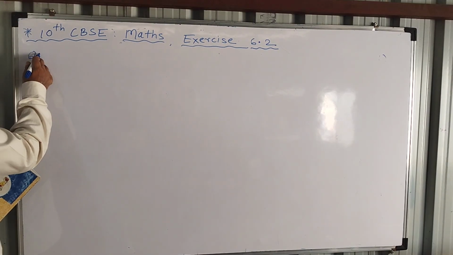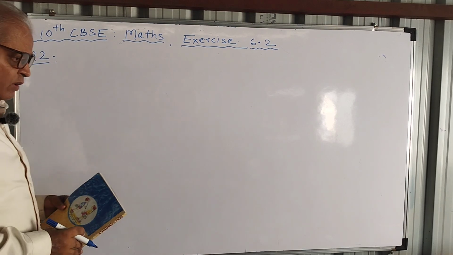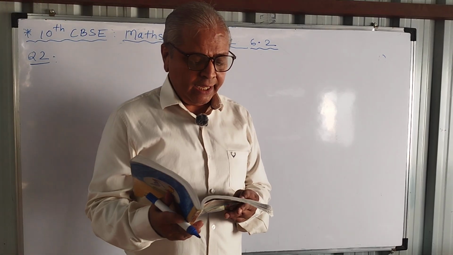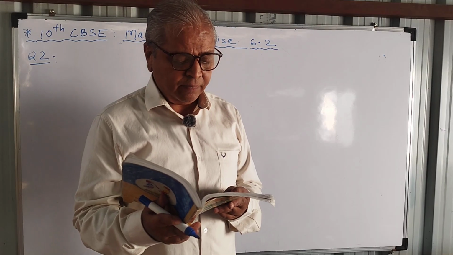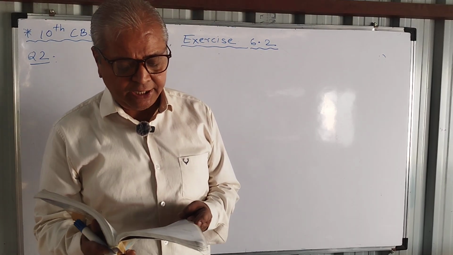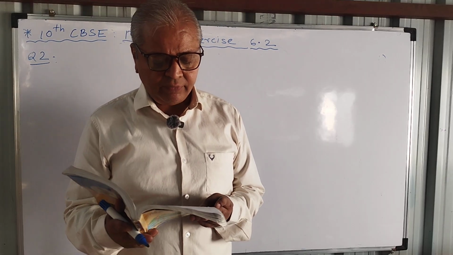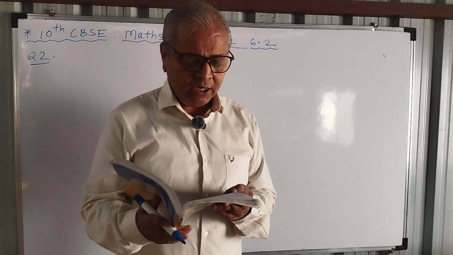See, question number 2, diagram is not given. Based on the information given in the question, first draw the diagram. E and F are the points on the sides PQ and PR respectively of triangle PQR. For each of the following cases, state whether EF is parallel to QR or not.